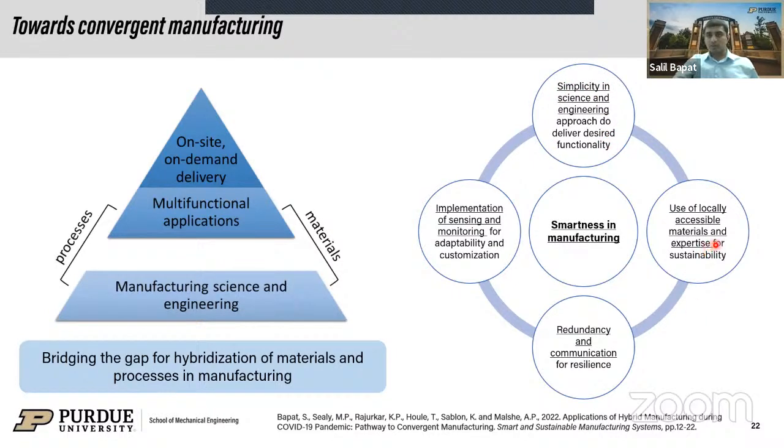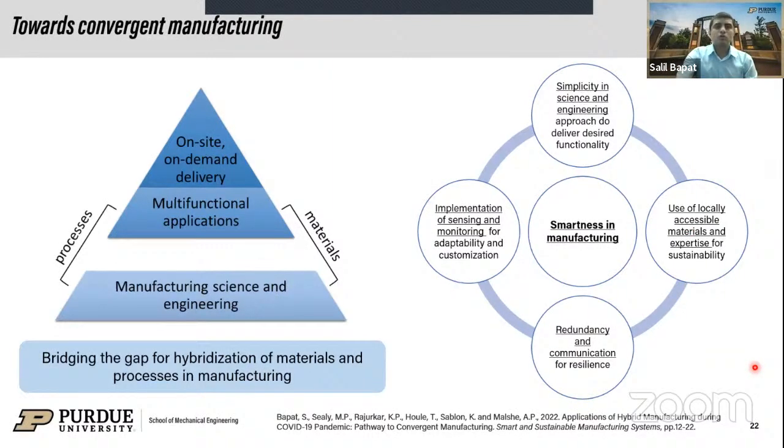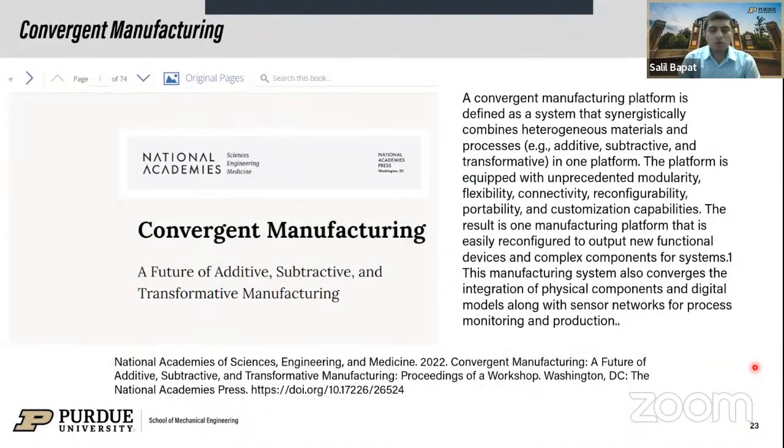Use of locally accessible materials and expertise for sustainability. And you need to have a redundancy and communication for resilience. So this is the model that it's not mutually exclusive. There might be other things that would be added as we learn more, but at least this is a good start.